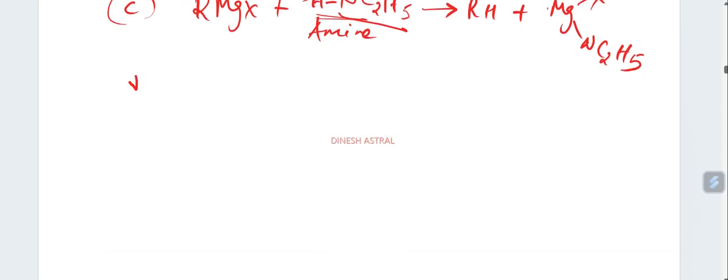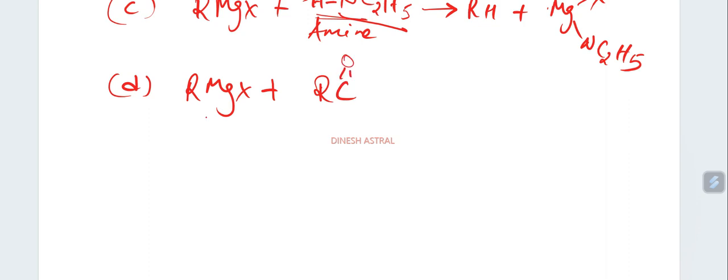Next is reaction of Grignard reagent, RMgX, with carboxylic acid. All of you know the carboxylic acid formula. If you check this one, even this carboxylic acid has a hydrogen bonded to an electronegative element, oxygen. So this hydrogen is active hydrogen.